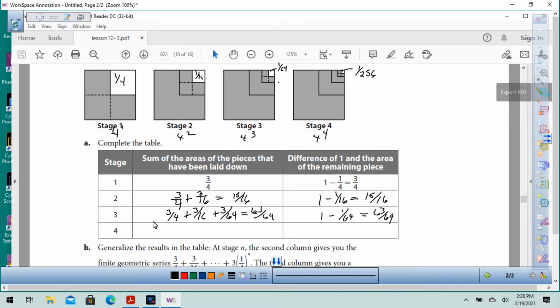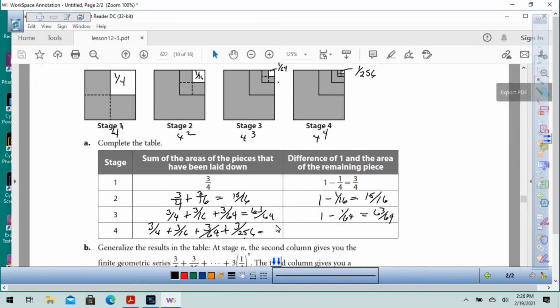All right, so we're going to have 3/4 plus 3/16 plus 3/64 plus 3/256.